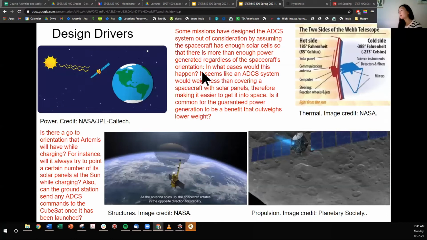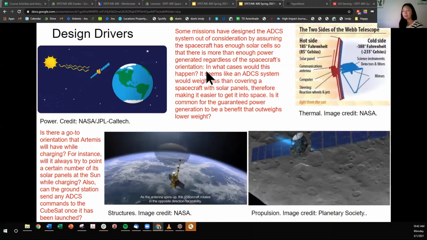The second part of the question is, it seems like an ADCS system would weigh less than covering a spacecraft with solar panels, therefore making it easier to get into space. I'm just going to address this assumption right here. In fact, no, ADCS systems, if you have actuators, could weigh more.